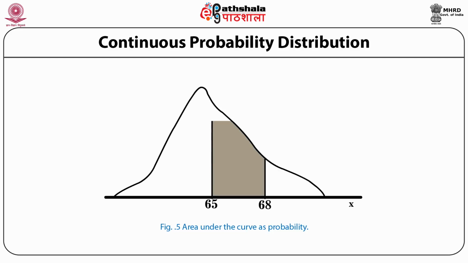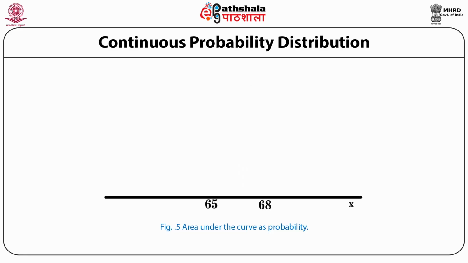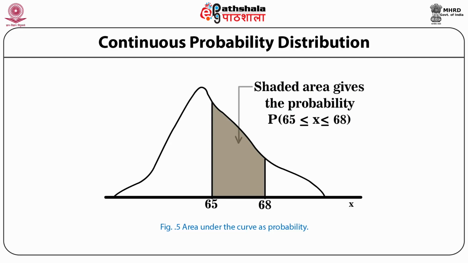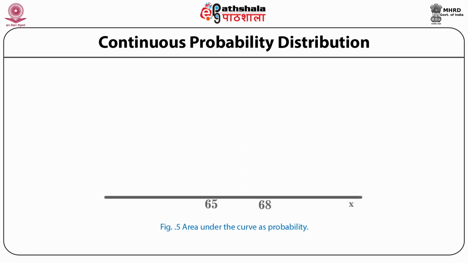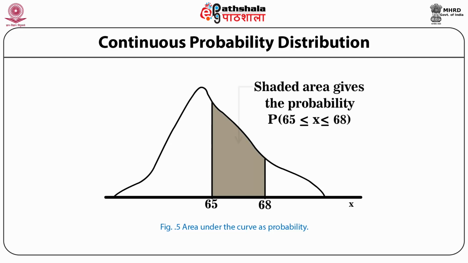Now we see if we consider figure 7. Here the probability of a single value of x is 0. As we see in the histogram, 67 comes in the interval 66 to 67. If we see the table, for 66 to less than 67, the corresponding class interval frequency is 640, and then for 67 to less than 68, the frequency is 440.